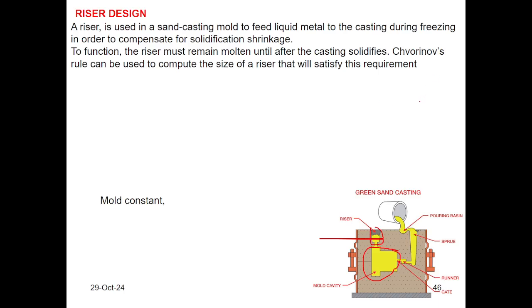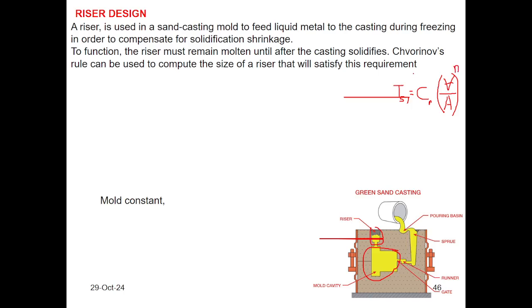In Chvorinov's equation, the total solidification time is equal to a coefficient, the mold constant, times the volume of the cavity divided by the surface area, the contact area, to the power of this ratio, n.